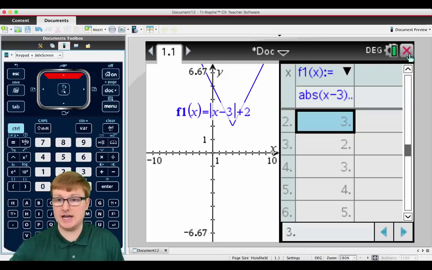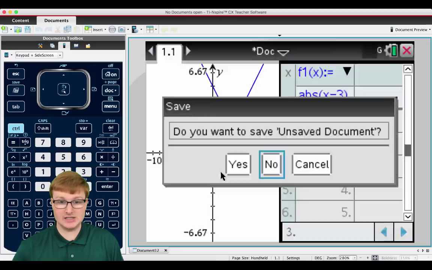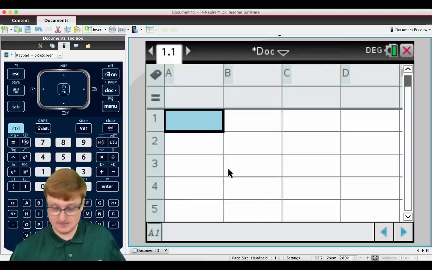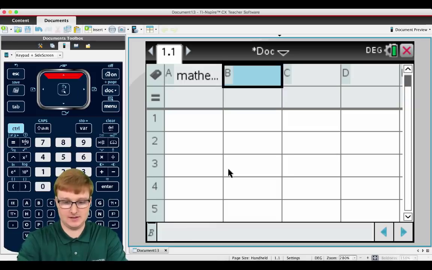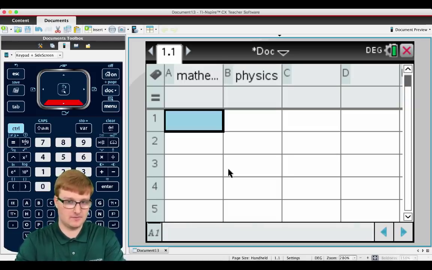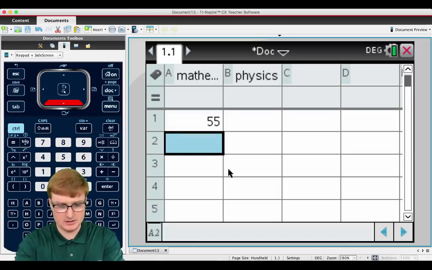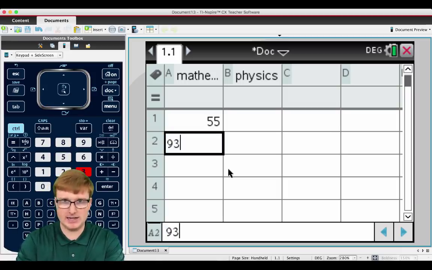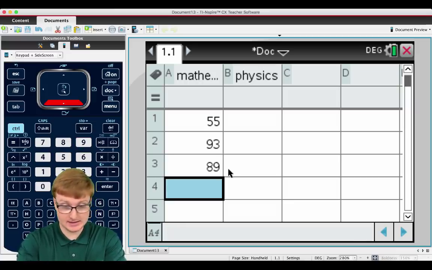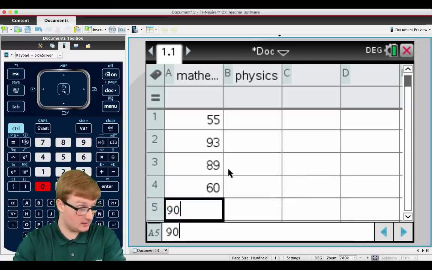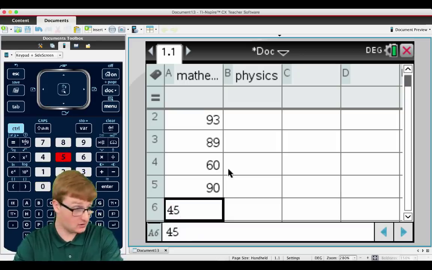Go to your graphing calculator and open up a lists and spreadsheets page and start typing. So this is going to be mathematics and physics. Here we go. So we have, ooh, that's a bad score, 55. Don't get that on your Regents if you're cheating right now. 93, 89, 60, that's another bad score. 90, 45.